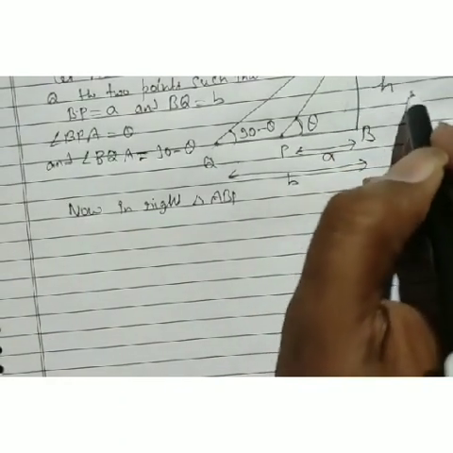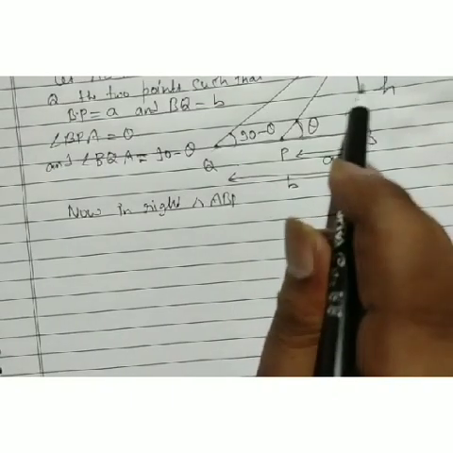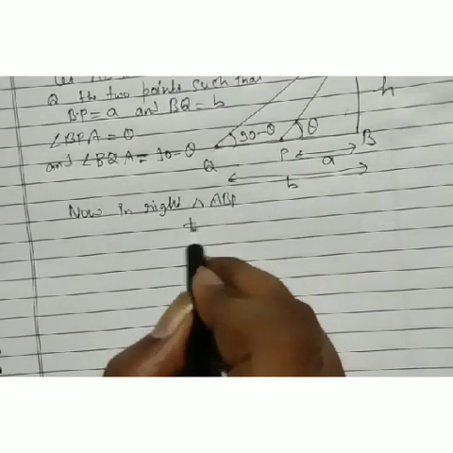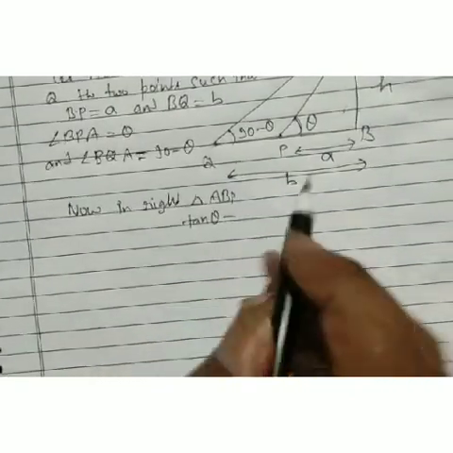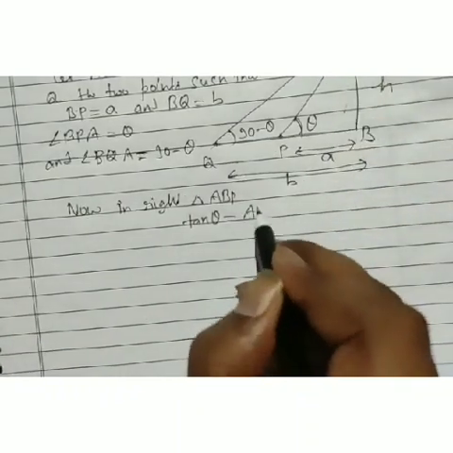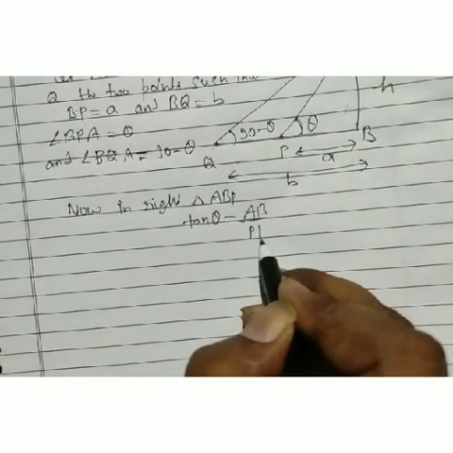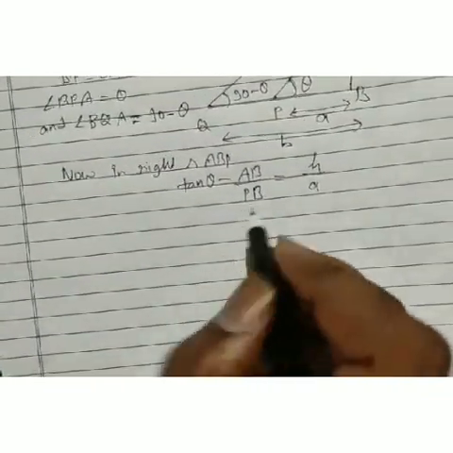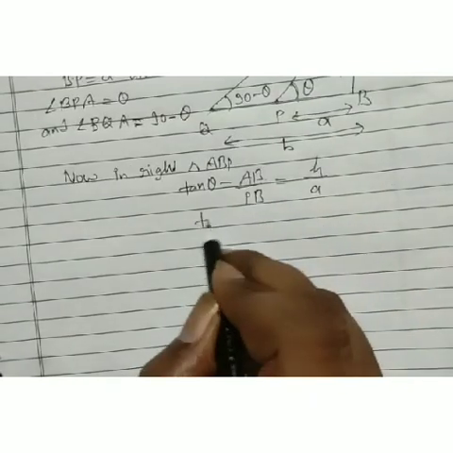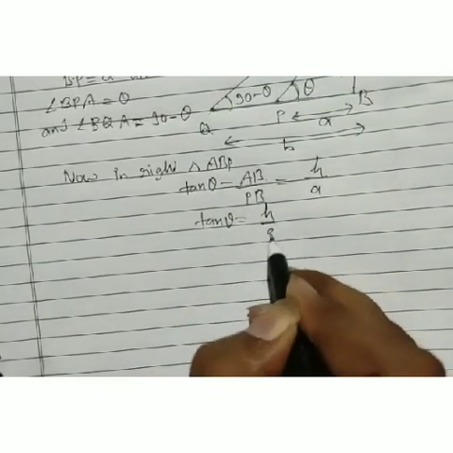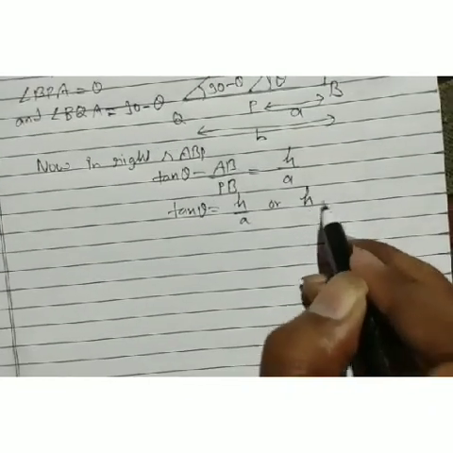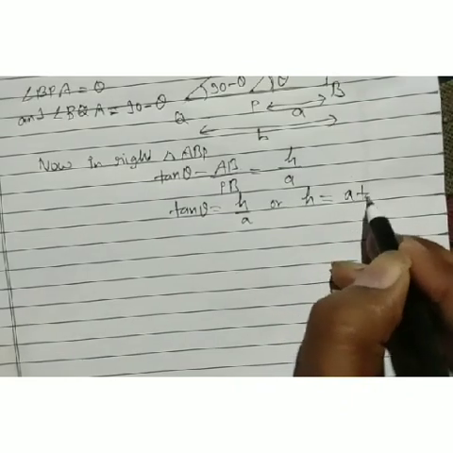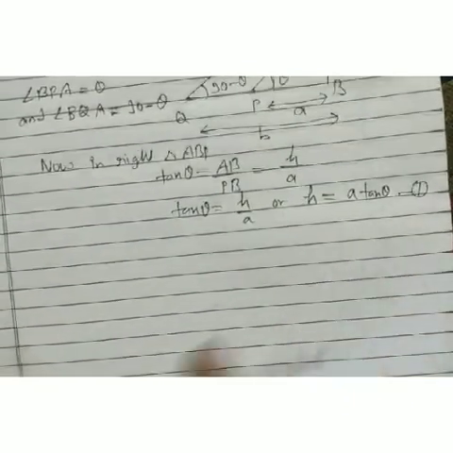Suppose it's h meters. This is our perpendicular, this is our base. Then tan theta is AB upon BP. AB is our h, PB is our A. So tan theta equals h upon A, or h equals A tan theta. Take this as our equation 1.